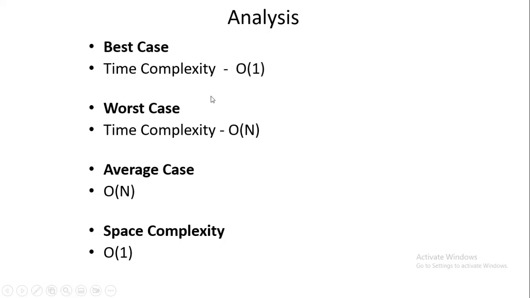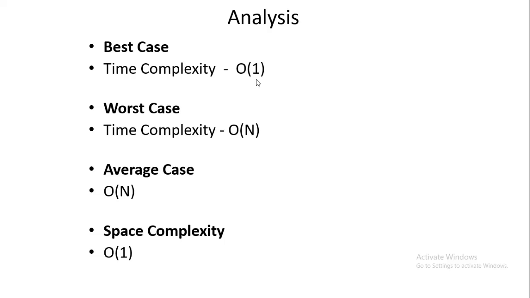Worst case scenario is what? The element is not at all present, or if present, it is present at the end of the list. So in that particular case, the number of comparisons that the algorithm has to do is dependent on the number of elements in the array.